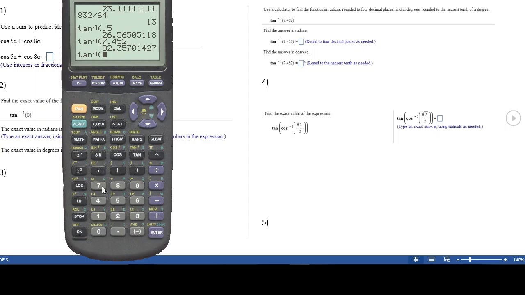Round to 4 decimals. So I got 1.4374. Maybe I missed something. Oh, that's right. I thought it was a 2-2, but it's a 5-2. So, okay.